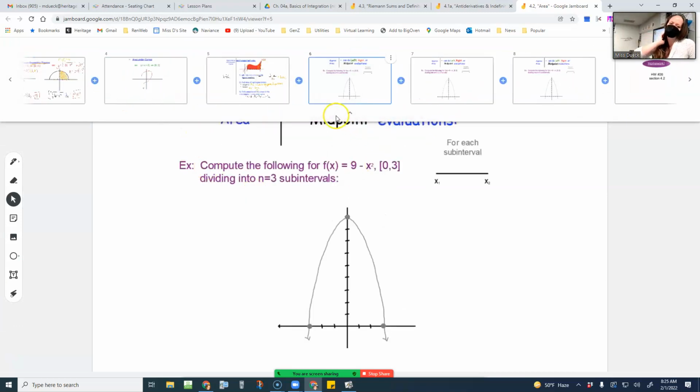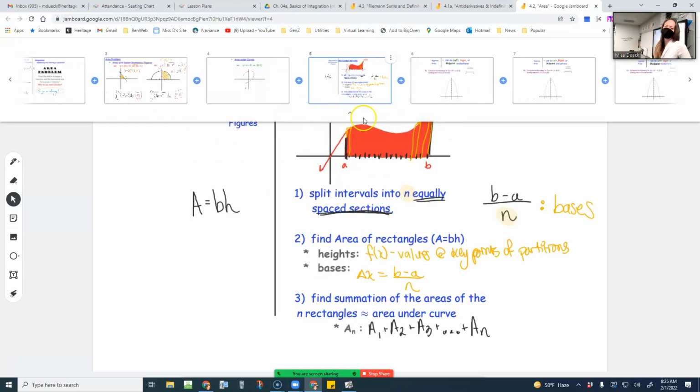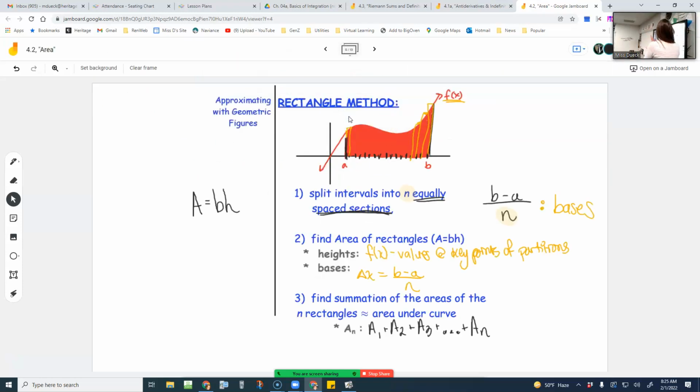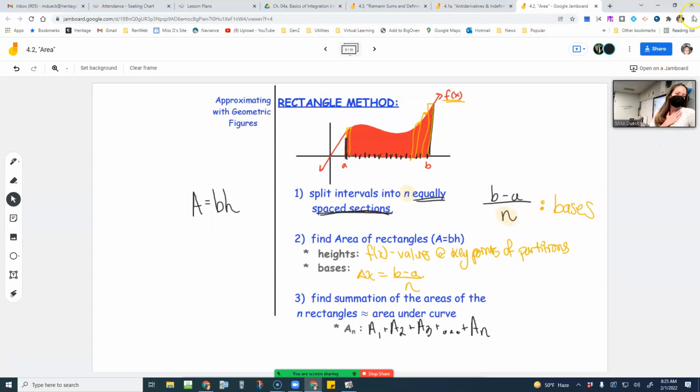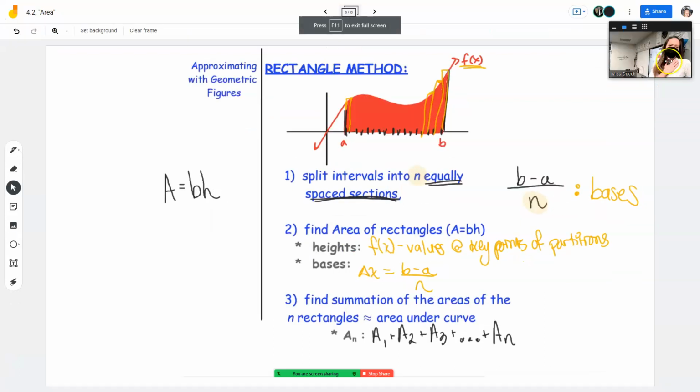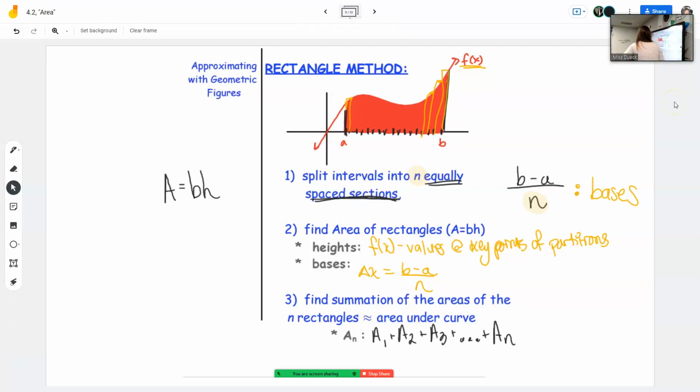So, here we go. What's the big idea of section 4.2? Area is the second big problem in calculus. Area is what integration answers. Not the only thing it answers, but it is one question that it answers. With area, we are going to use rectangles most of the time.